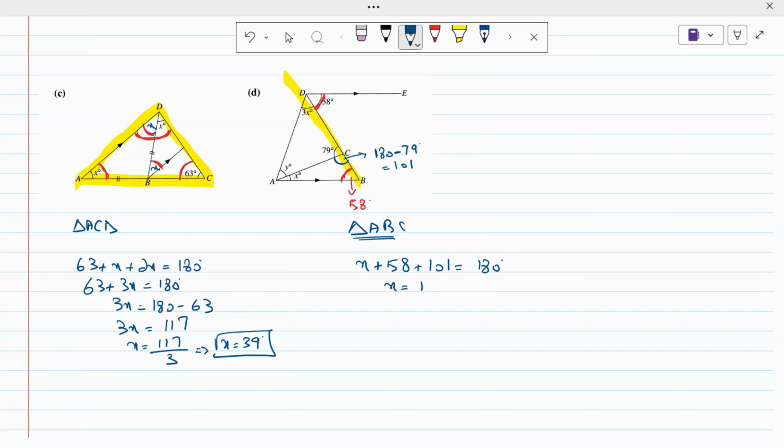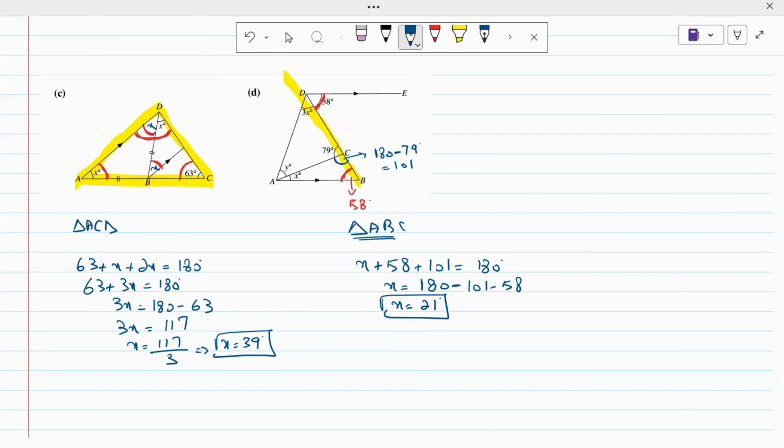So x can be found as 180 minus 101 and 58. That gives us 21 degrees. We've got the value of x here, which is 21.